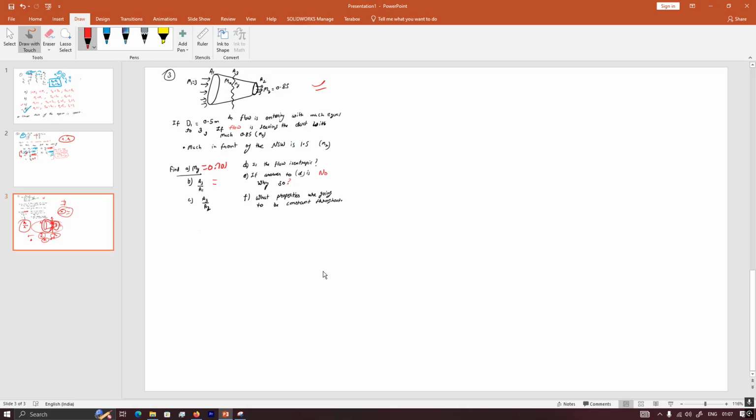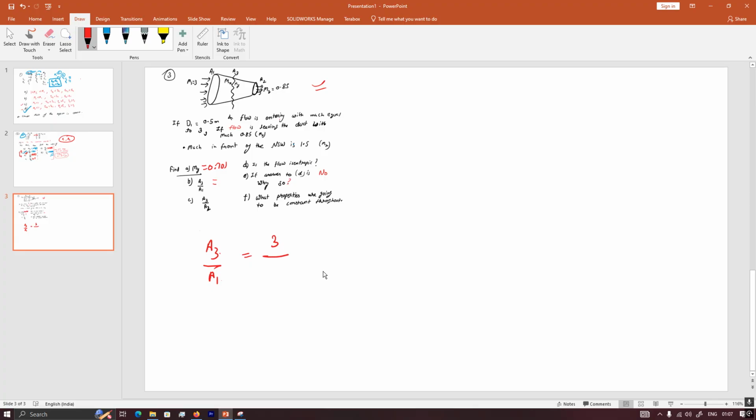So this much part is isentropic, not the whole nozzle, because as your normal shockwave is coming, it will become an irreversible thing.